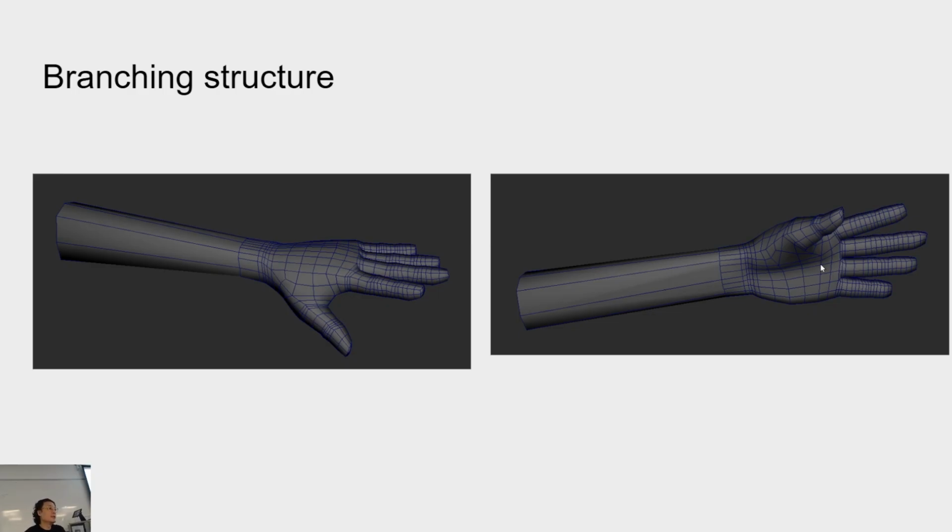You have one part of your model with a lot of details, but the other part with a lot less details. And how do you merge from the high density part to a lower density part? Right now what you see is not an ideal case because I have polygons with more than 4 sides.